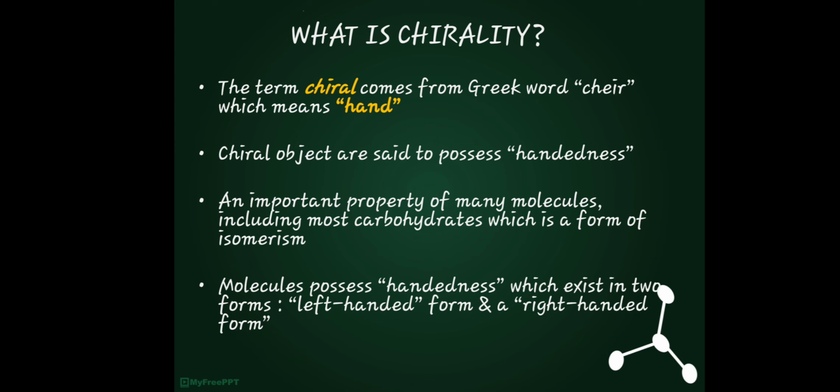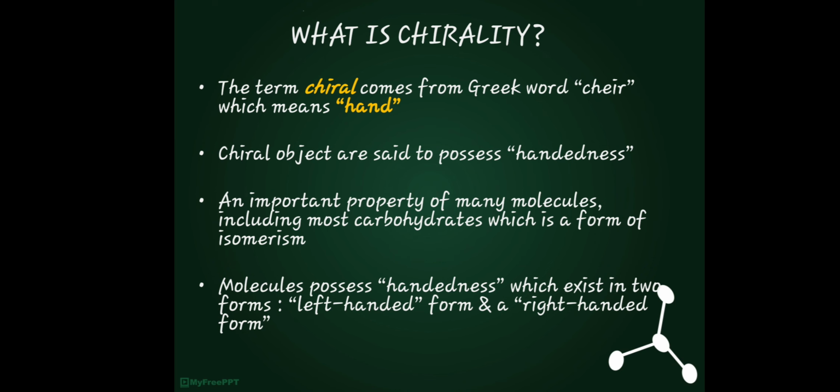But not only carbohydrates, chiral molecules can also be found in amino acids, the building blocks of protein, and of course nucleic acids. All three of these biomolecules possess chirality. So that is the meaning of chirality.